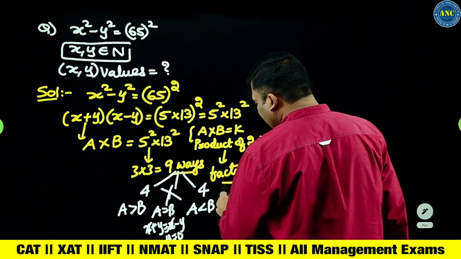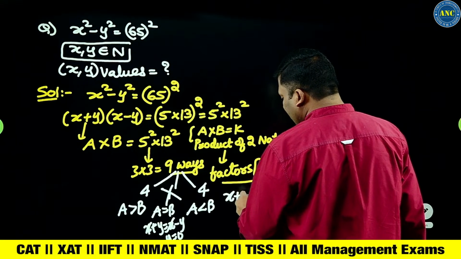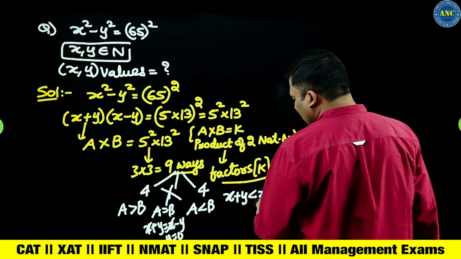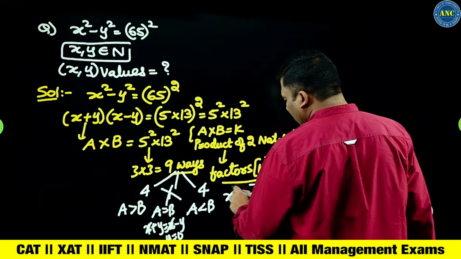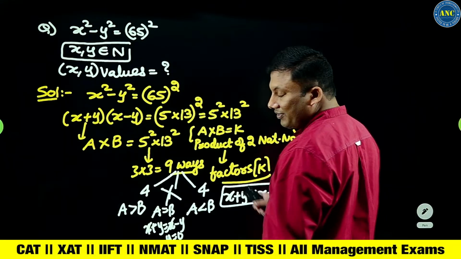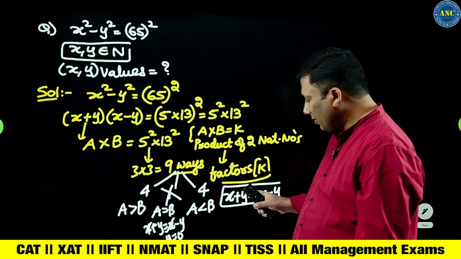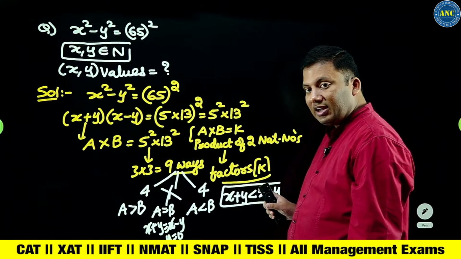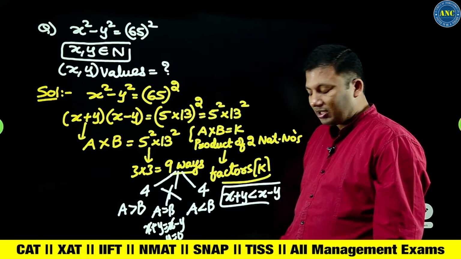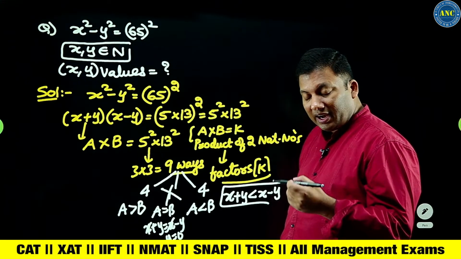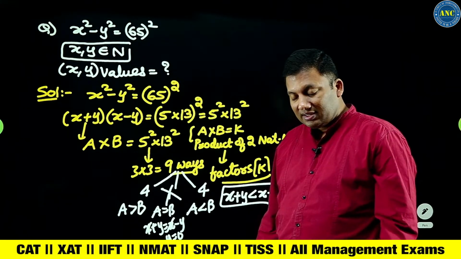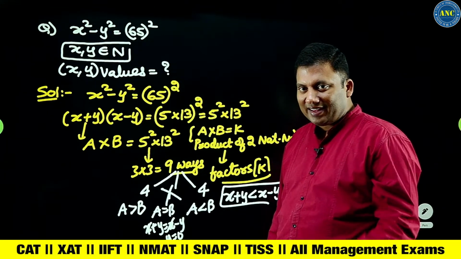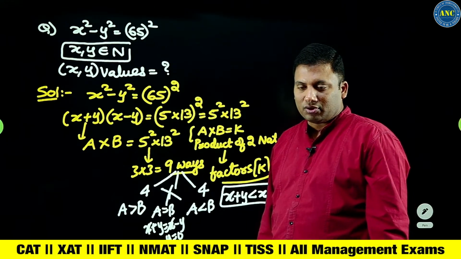A is less than B. A is x plus y less than x minus y. Sum of two natural numbers less than their difference. If I add two natural numbers, obviously it will be greater than their difference. 7 plus 4, 11.